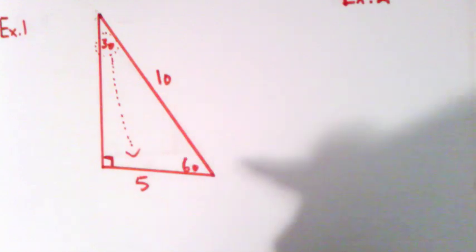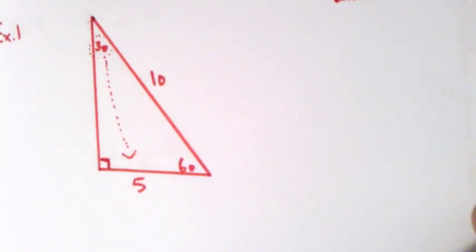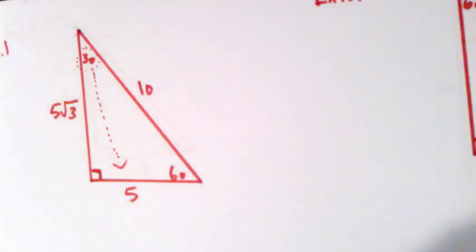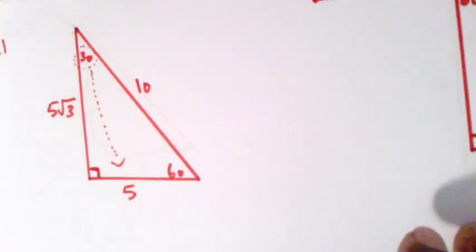In this case, it's located up at the top. So, where's the side opposite? Right here. The side opposite 30 degrees should be what? Exactly, it should be half of the hypotenuse. Now that I have this number 5, what can I do? I can simply take this number and tack on a radical 3 to it. And that's it. That's all there is to it.